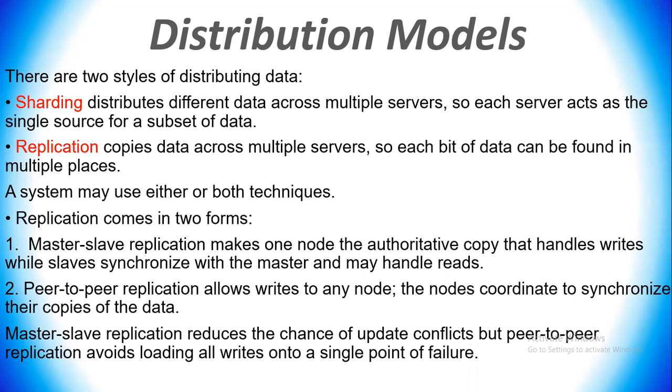But in peer-to-peer replication, that kind of failure is less probable. We cannot say never, but it is less probable than in master slave replication mode. So there is less chance of single point of failure of update operations, because the peers are there.